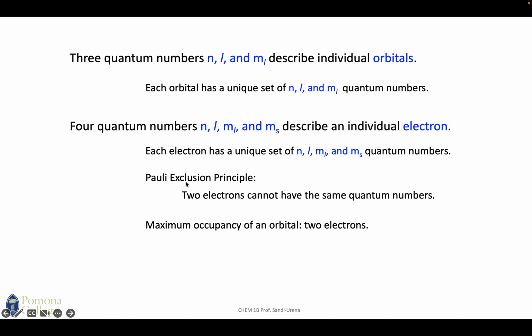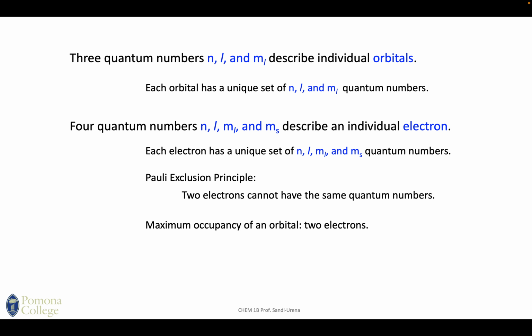If the first 3 quantum numbers describe the orbital, and the 4th one describes the electron and can have only 2 possible values, we can say that there can be only 2 electrons in each individual orbital, or that the maximum occupancy of an orbital is 2 electrons.